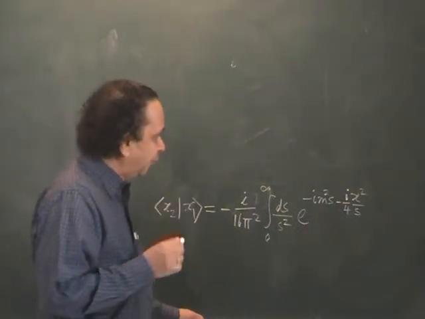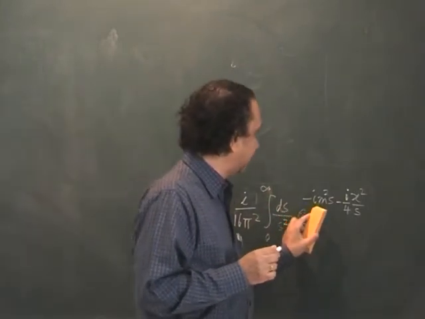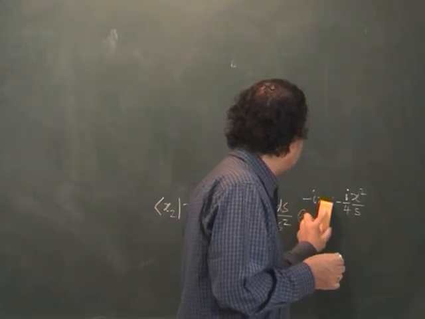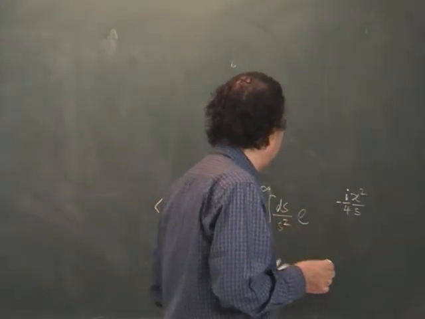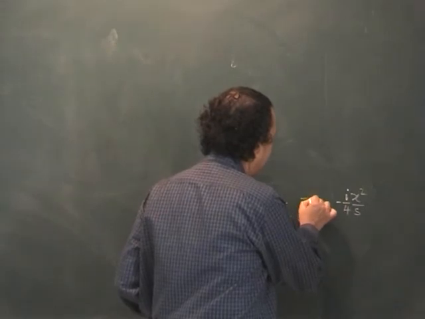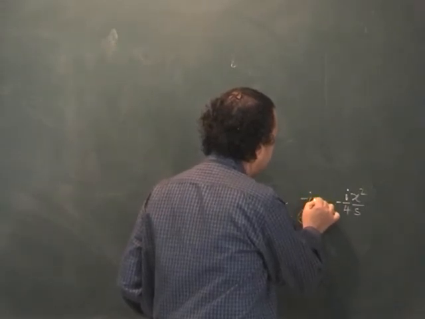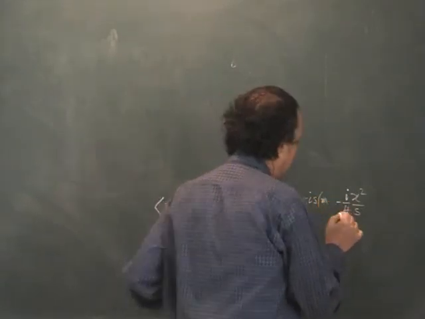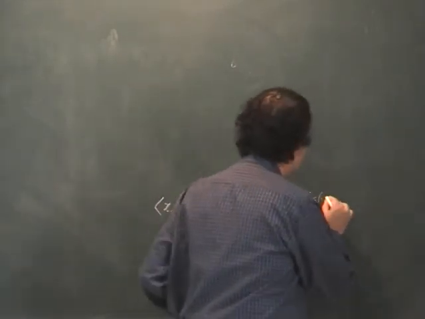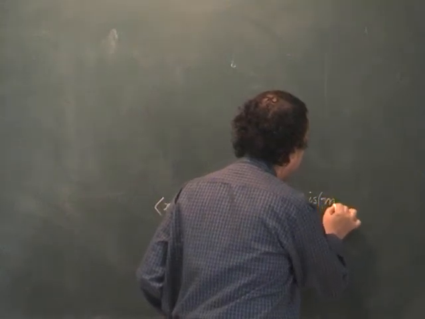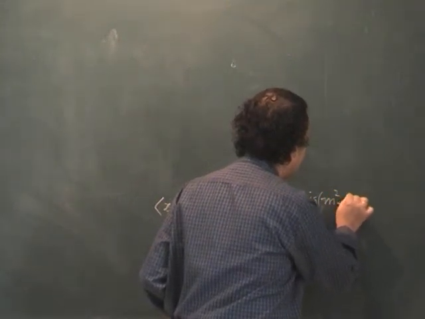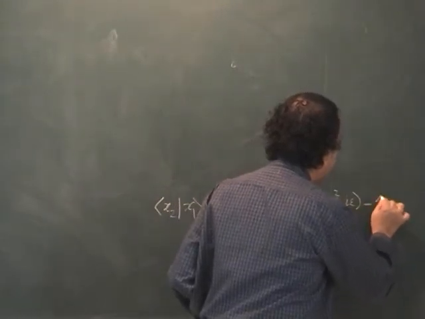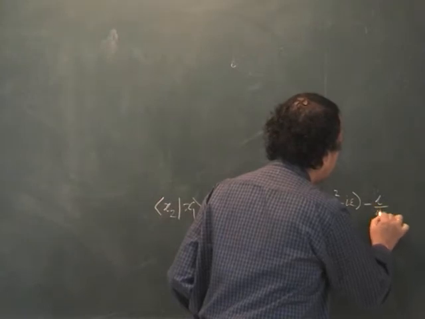Before I do that, with a little bit of foresight, I will change this minus i m square s to minus i s times m square minus i epsilon, and of course I have e to the i by 4 x square by s.